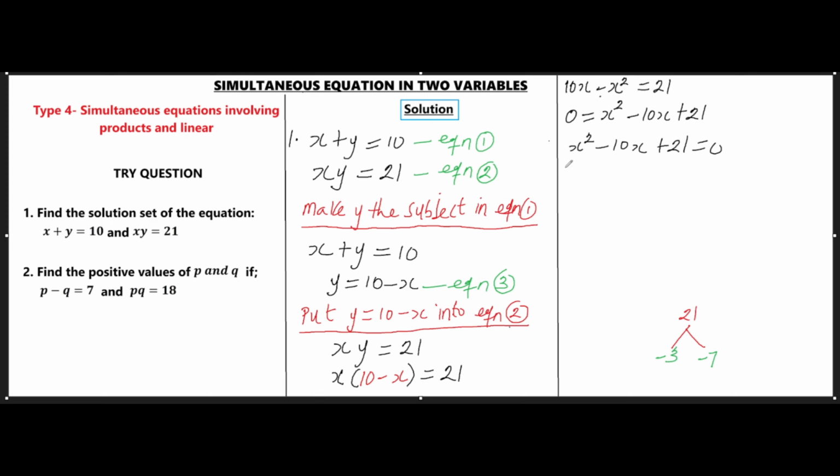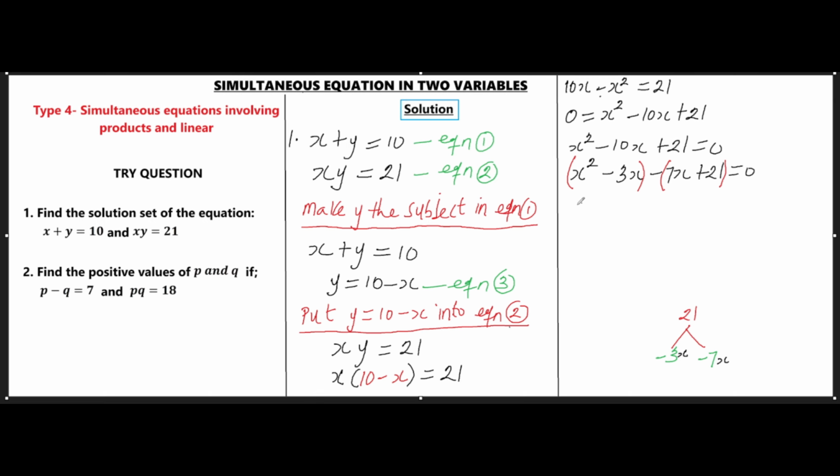So let's begin. We have x squared. In place of minus 10x, I have minus 3x minus 7x plus 21 is equal to 0. At this point, we can group them. We are grouping the first two and the last two. So let's look for the common factor.